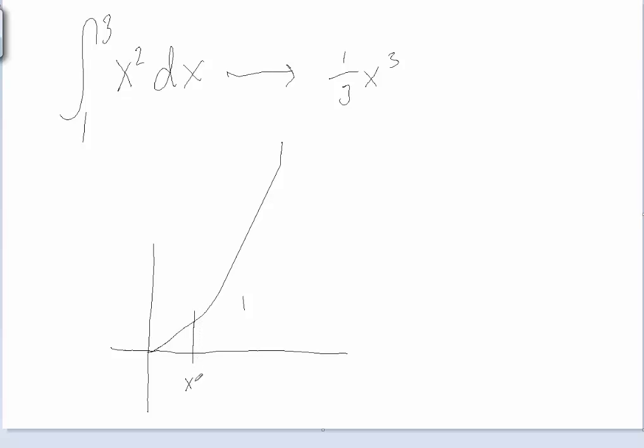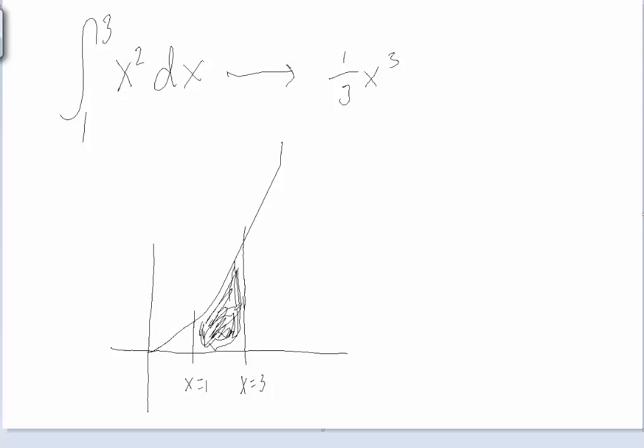So if we're taking specifically this area between x equals 1 and x equals 3, let's think about what we've learned so far about finding the antiderivative and using that as some measure of area beneath the curve.